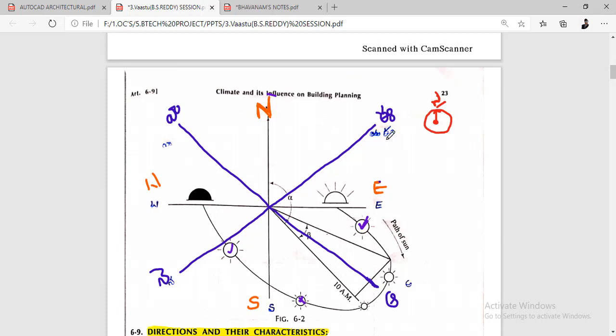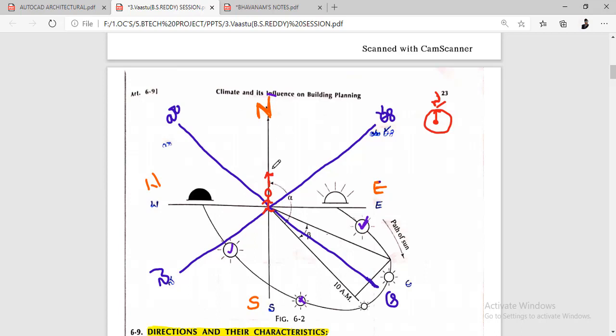Let me explain what the directions are. Just imagine you are standing here. In the facing side, this is your north direction.